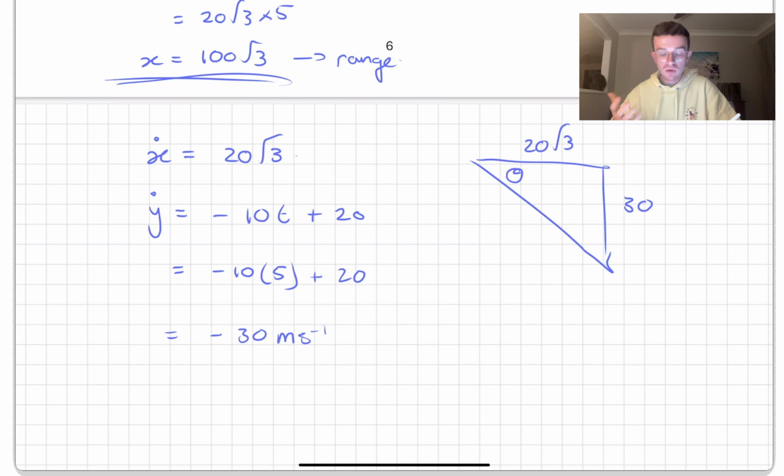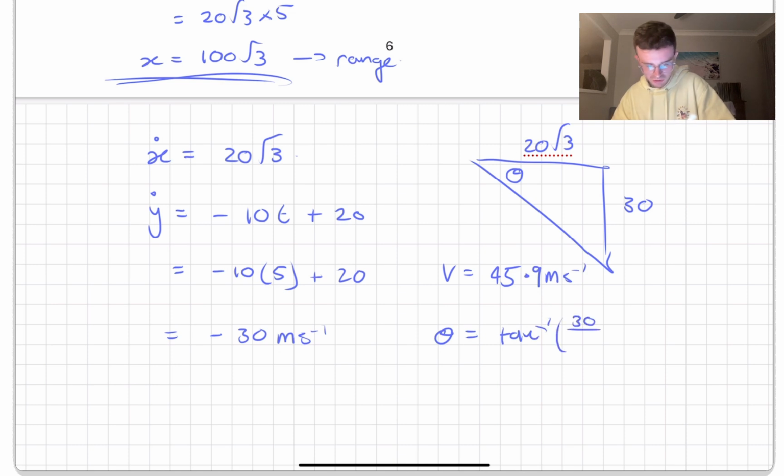We want to know that angle as well, but let's find my velocity here. It's going to be the square root of 20 root 3 squared plus 30 squared, which is 45.9 meters per second. And my theta is going to be tan inverse of 30 on 20 root 3, which is about 41 degrees.